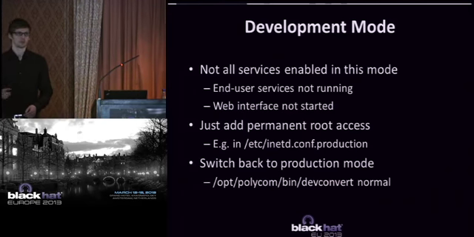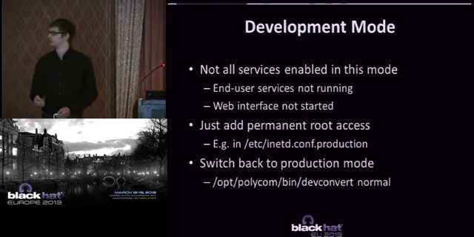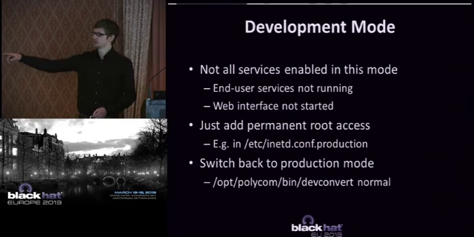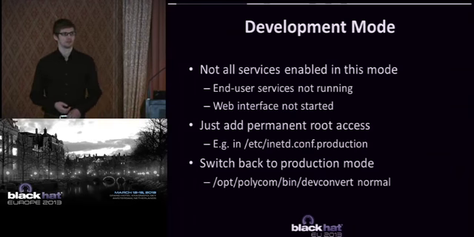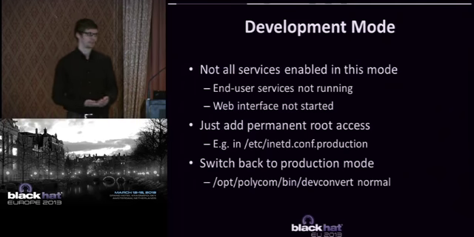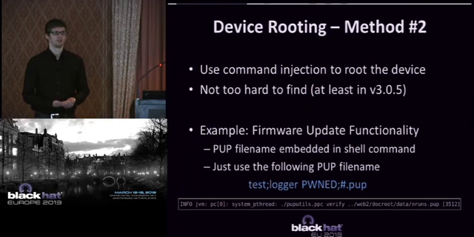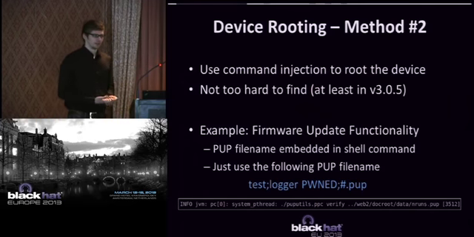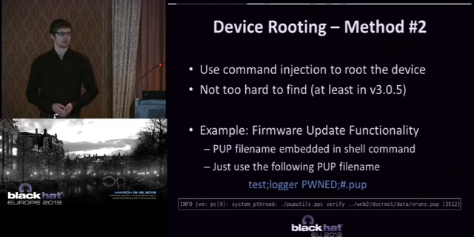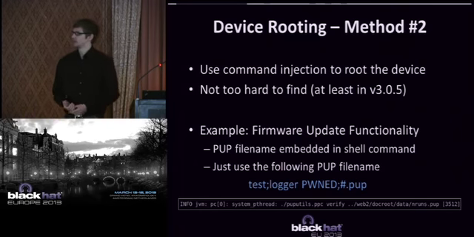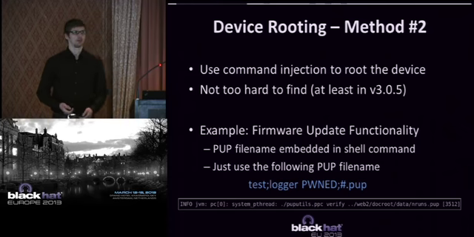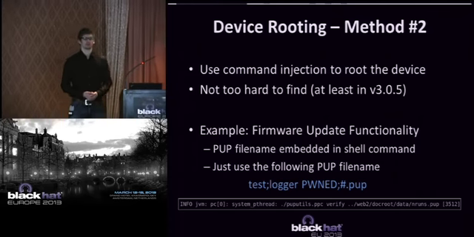If you somehow manage to run a command on the device, you can just call devconvert dummy or devconvert something, and it will automatically reboot the device in development mode, which is the second method we use to root the device, because you can just try to find a command injection in the web interface or somewhere else, and then use this command injection to actually root the device.